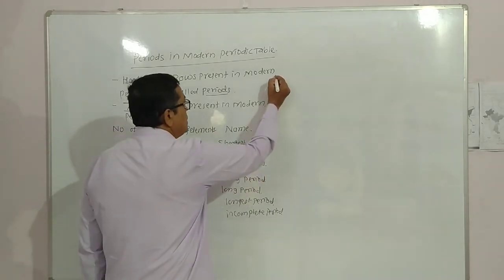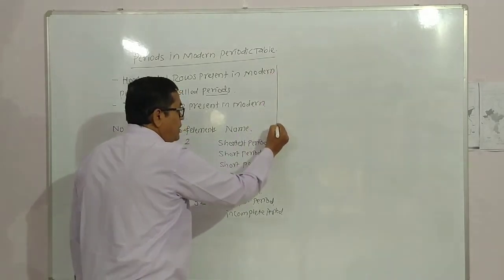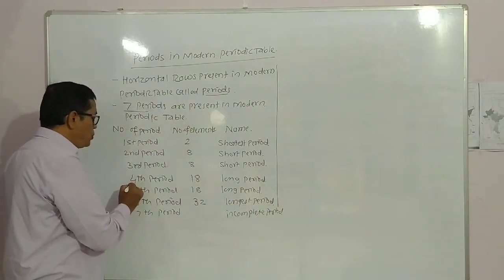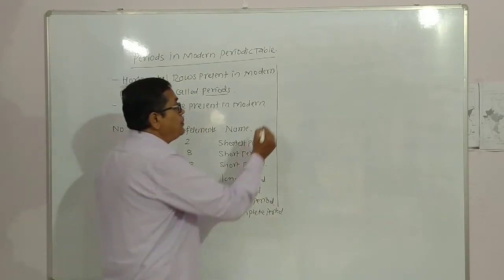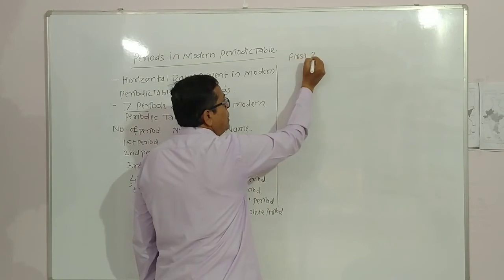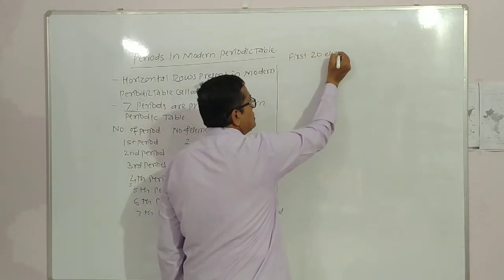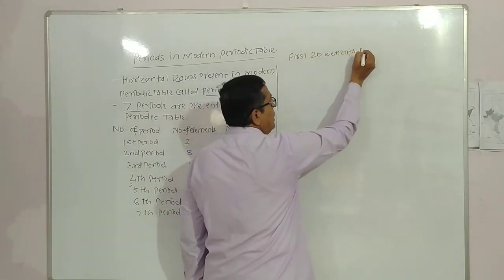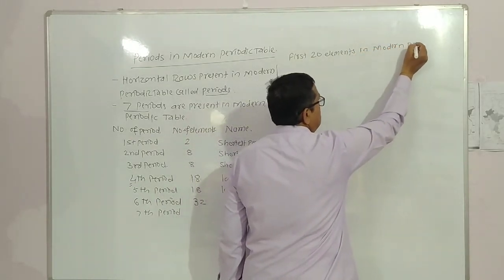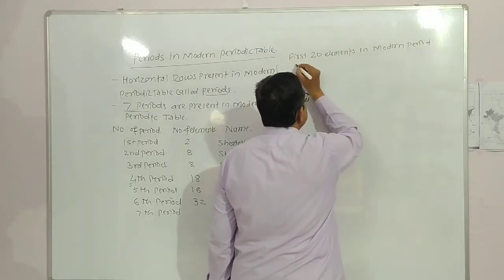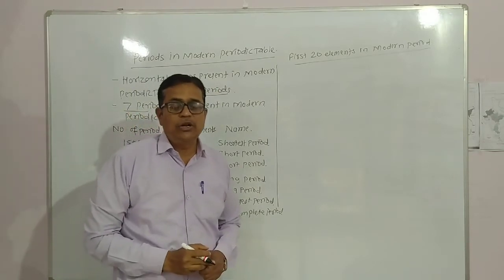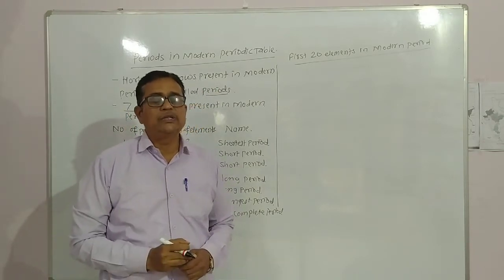Now here we study the first 20 elements in the modern periodic table, up to the 4th period only. It is necessary to know the atomic number of all these elements, then the electronic configuration and valency.